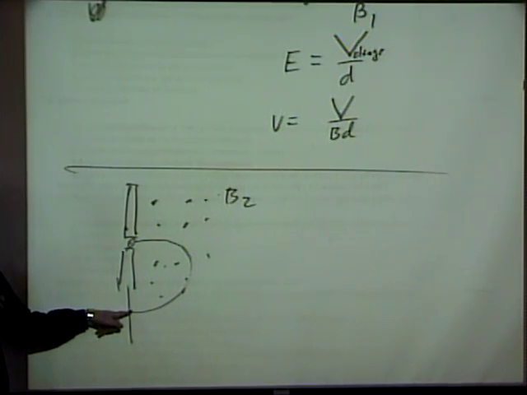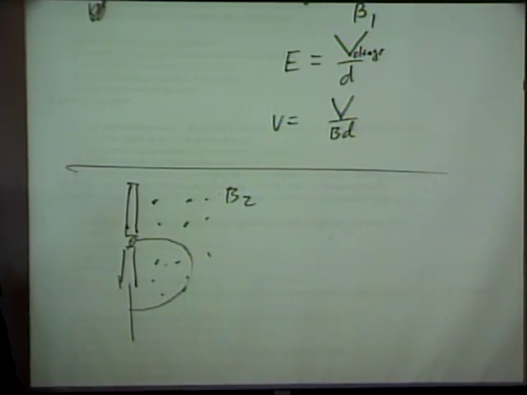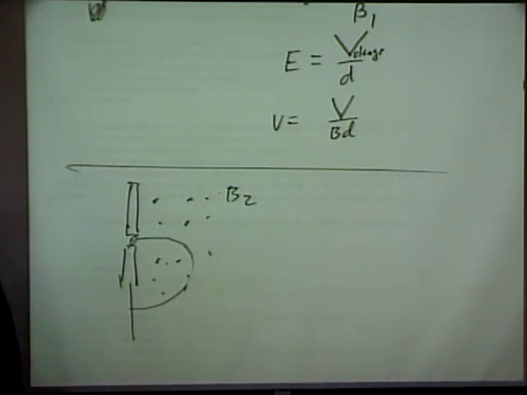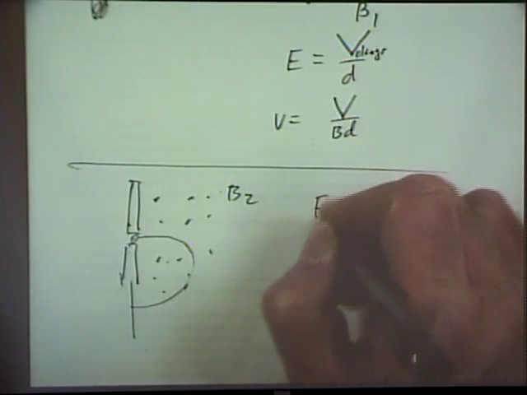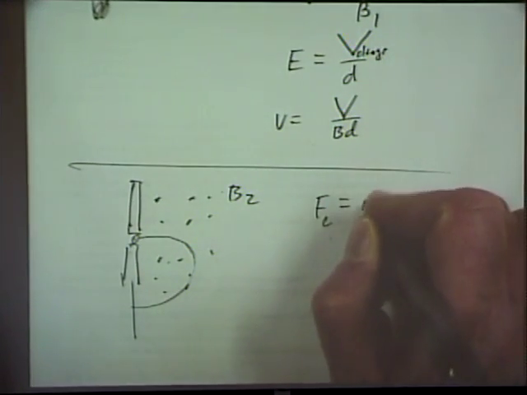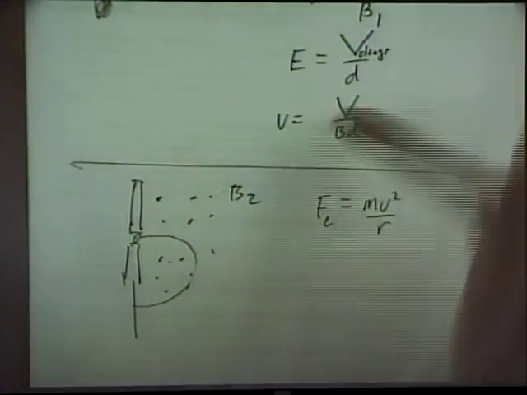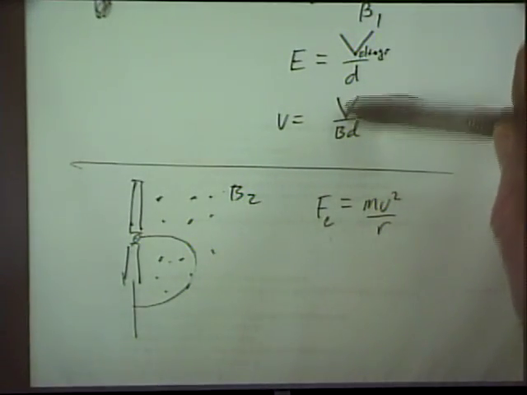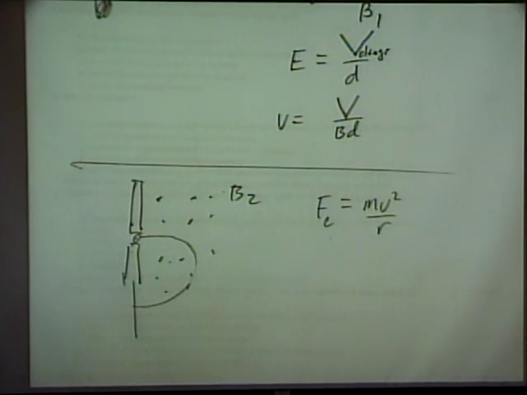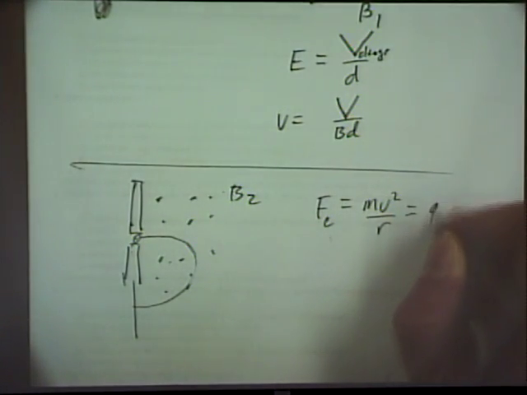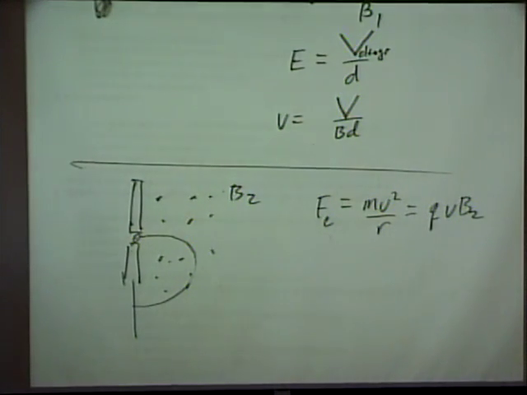Boom. So by using magnetic fields and all that, to find the mass of the thing, we know this, that F_c, which is mv squared over r, where V is voltage over BD, equals Q V B2.